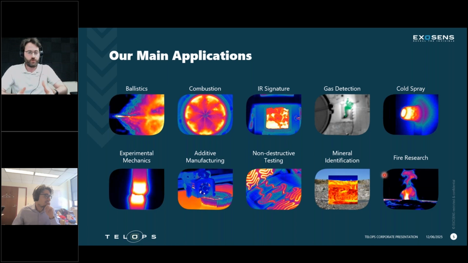I didn't even put fluid dynamics here. We'll be talking about that a bit more for the rest of the presentation. So quite a lot of work out there using infrared imaging for a multitude of applications.